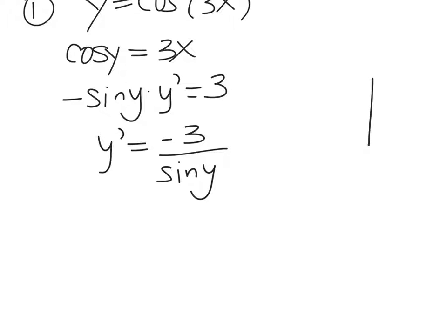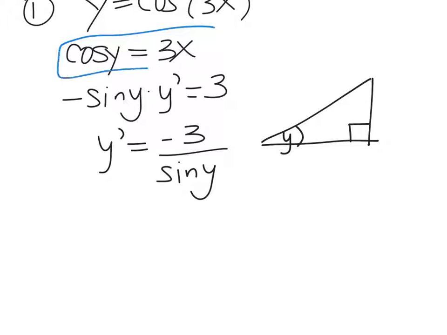So make a triangle for yourself and call this angle y. We know cosine of y equals 3x, so that's adjacent over hypotenuse.